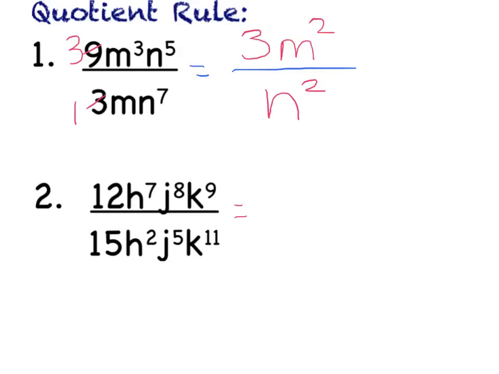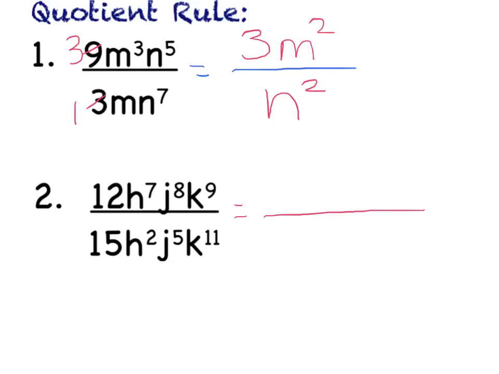All right, let's look at the next problem here. So again, this is a fraction, so I'm going to set myself up right away with my fraction bar. And when I look at my 2 coefficients that I'm going to divide, I see that 12 doesn't divide without a decimal into 15. So I'm going to think of this problem right now as just 12 fifteenths, and I'm going to simplify that fraction.